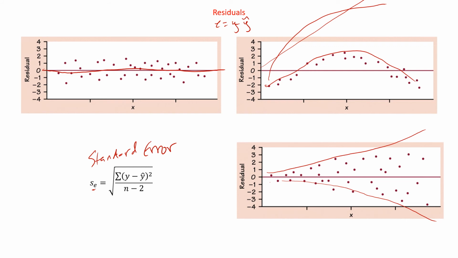Remember, as we are looking at our scatter plots, we're looking for a few conditions. The quantitative variable condition, well, it has to be that to do any of this. The straight enough condition, this would kind of violate the straight enough condition.